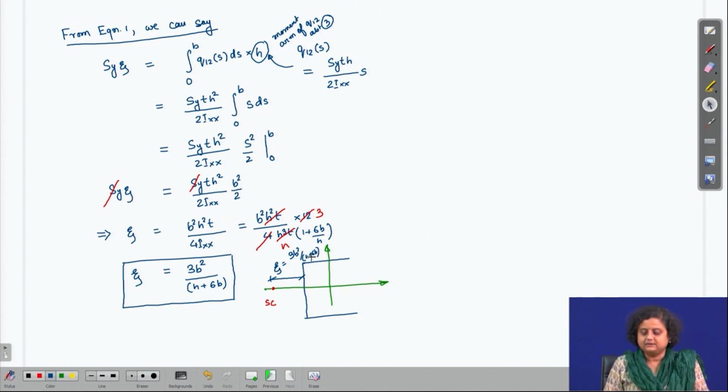So, this is the answer that we have. It is very simple to find the shear center if we carefully choose the point about which we are trying to find the moment. Thank you.